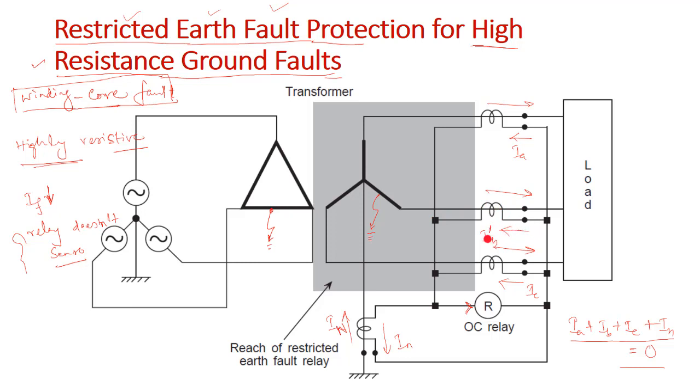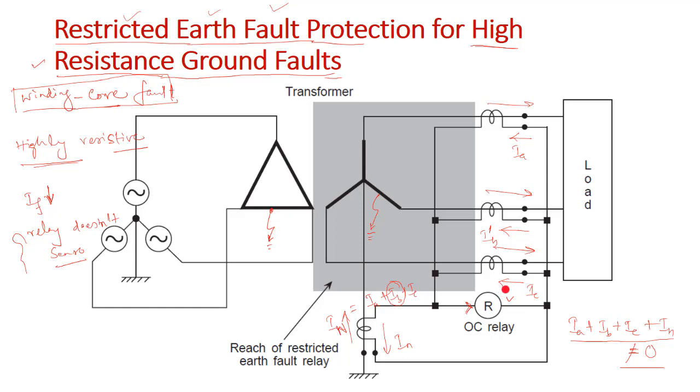It will become IB dash, which is unbalanced, and because IN is equal to IA plus IB plus IC, and as the magnitude of IB changed, therefore IA plus IB plus IC plus IN will not be equal to 0 when the fault is in the star side from winding to core, right? So your relay will respond to some magnitude of current, and it will give a trip signal to the circuit breaker.